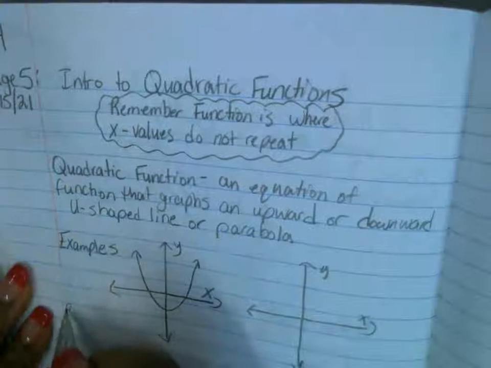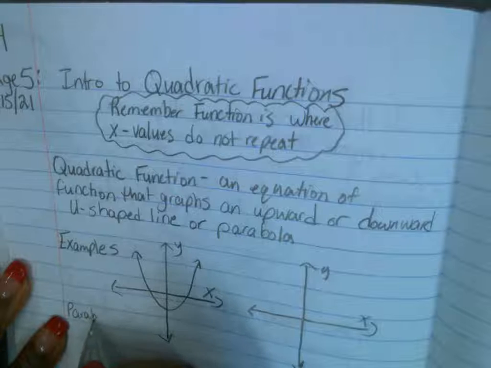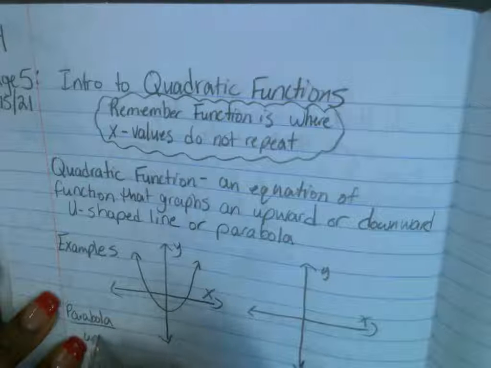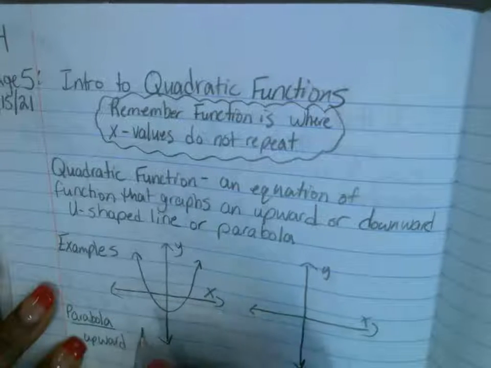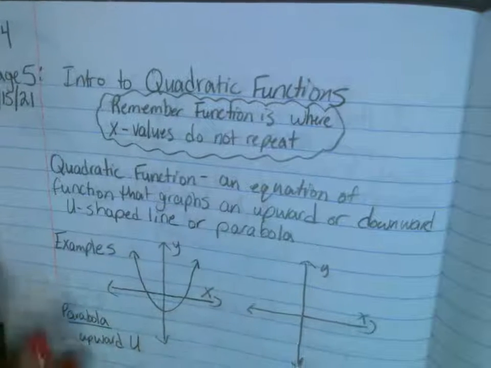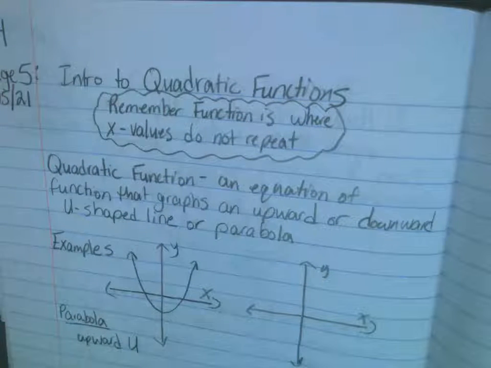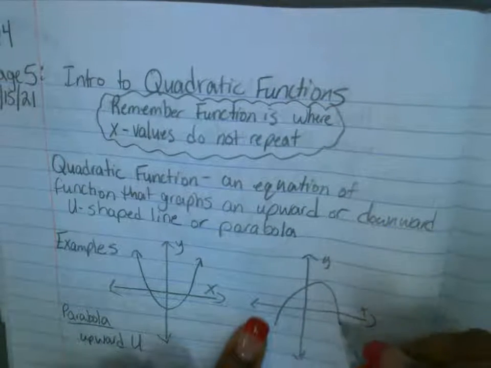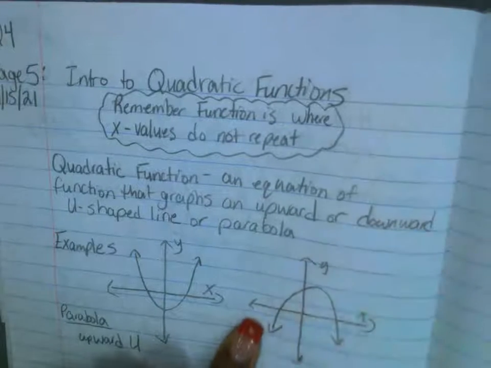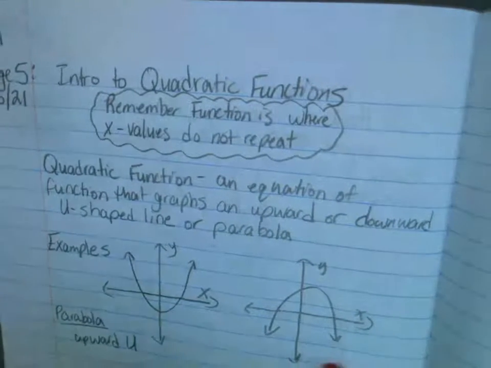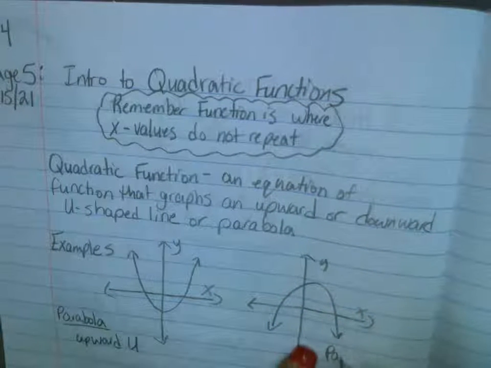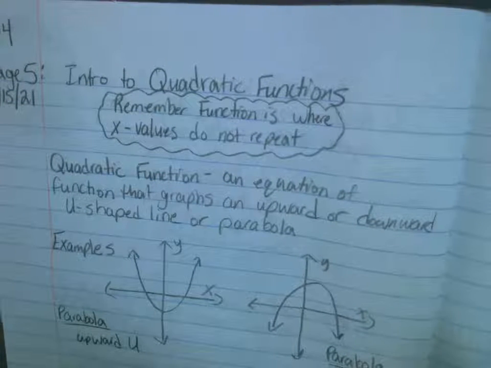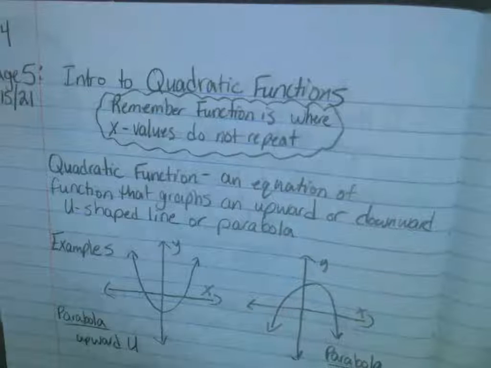So this parabola is an upward U. And then other quadratic functions look like this, where it's a downward U. So this parabola is a downward U.